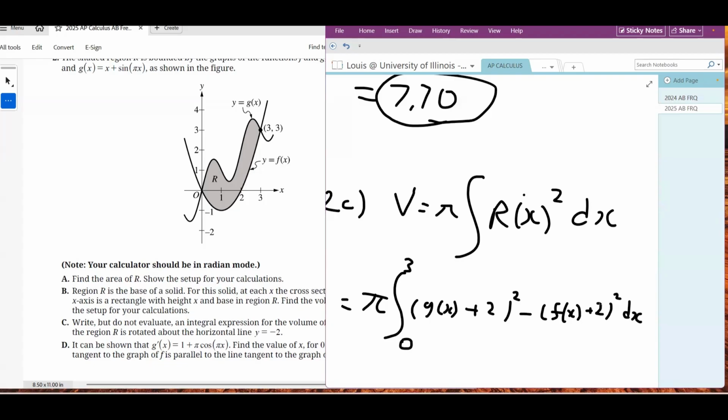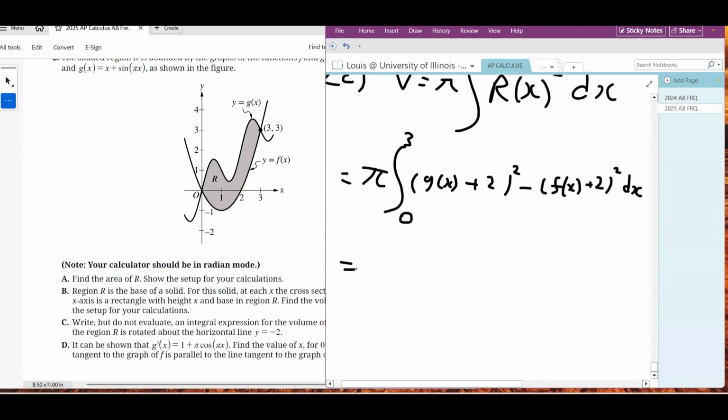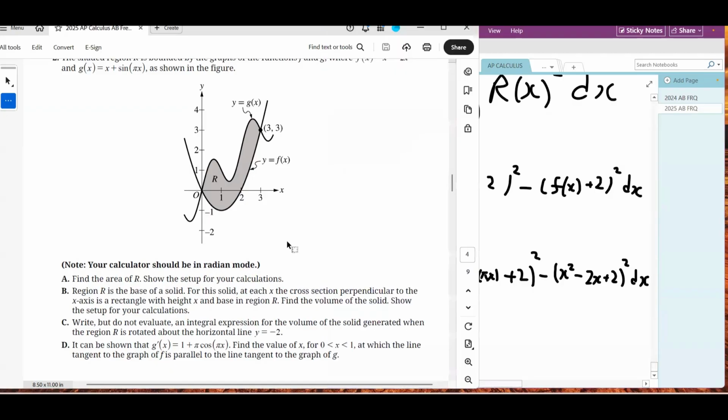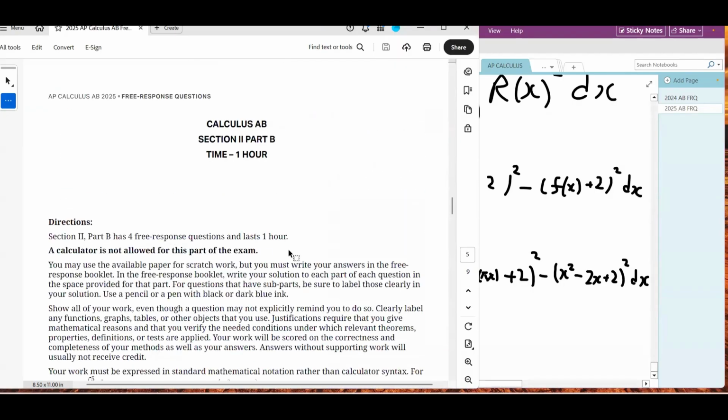And all you have to do is substitute: g of x is x plus sine pi x plus 2, and then subtract x squared minus 2x plus 2, and then square that, then say dx. Okay? All right.